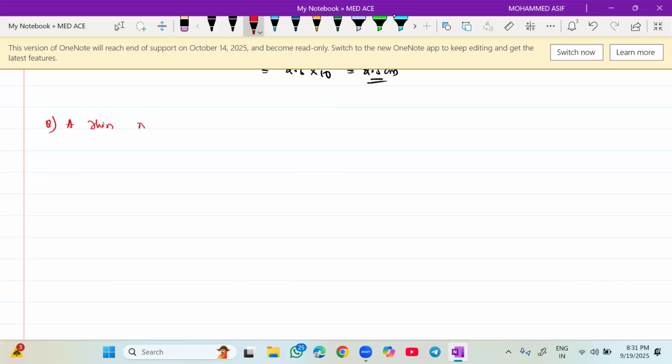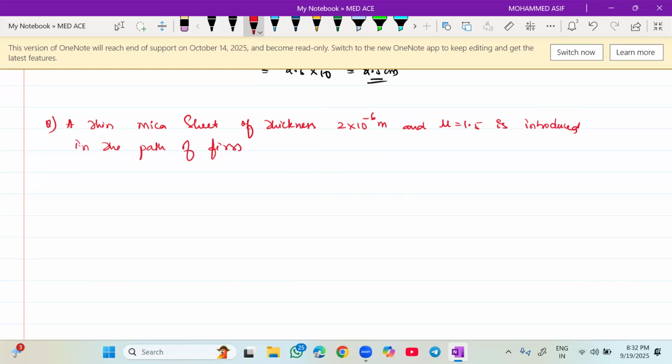A thin mica sheet of thickness. This question you need to do it better. Of thickness 2 into 10 power minus 6 meter and refractive index 1.5 is introduced in the path of the first wave.